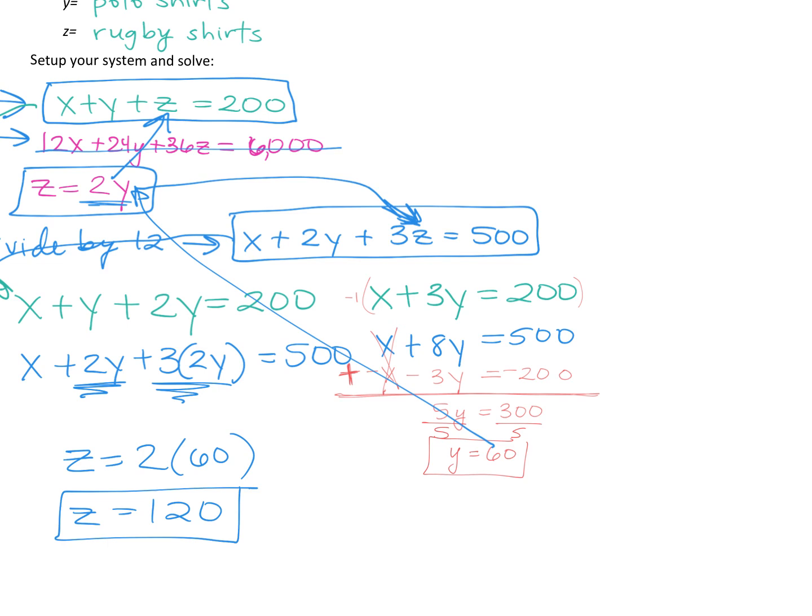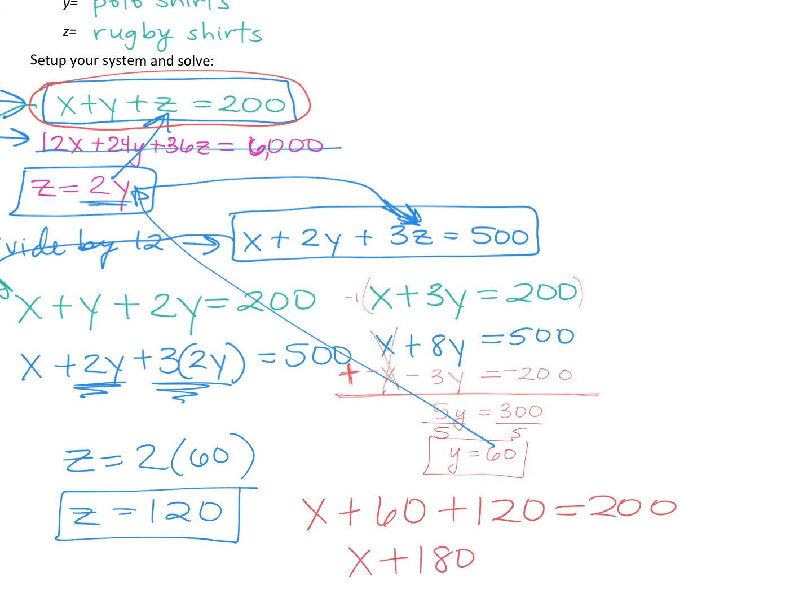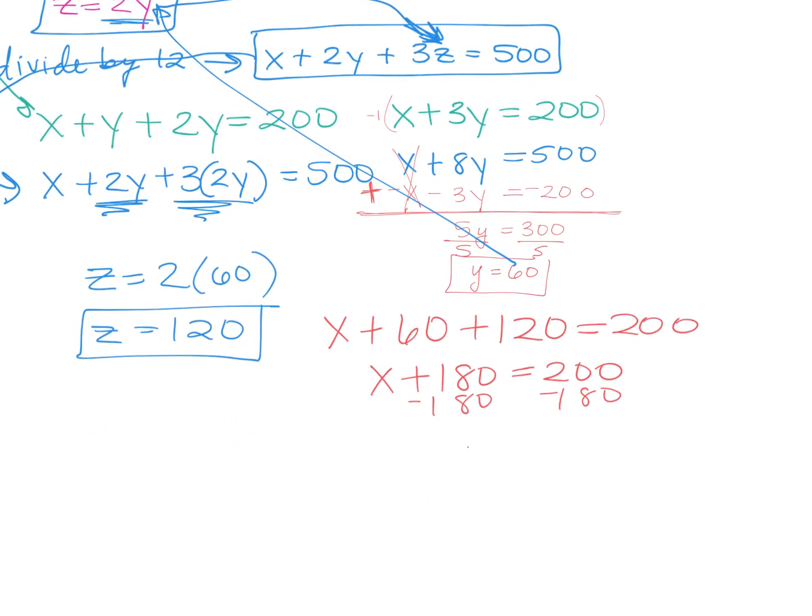Now what? I would plug it into that very first one. So it's X plus Y, which is 60, plus Z, which is 120, should equal 200. So X plus 180 equals 200. Take away the 180. So X is 20.